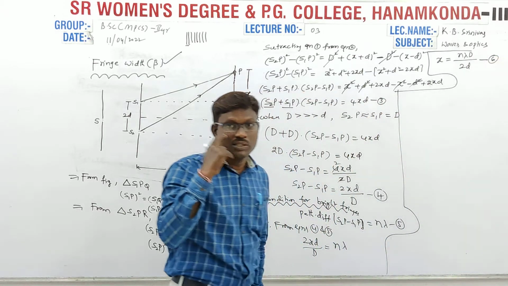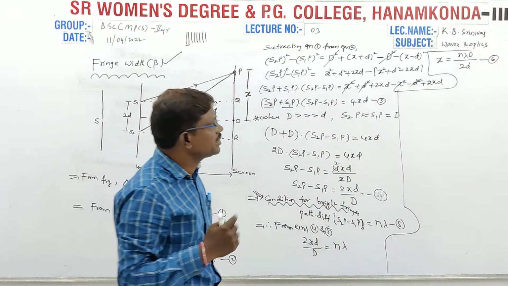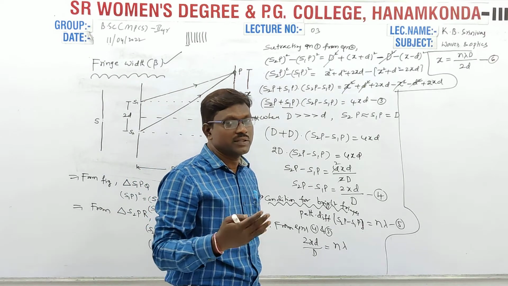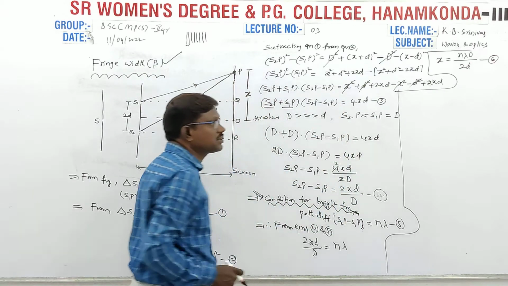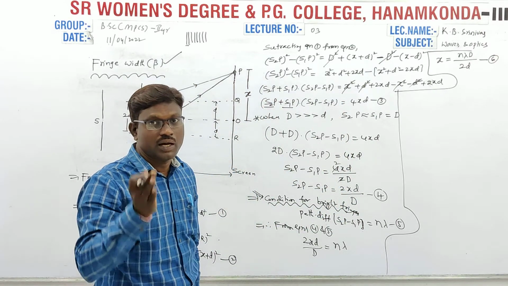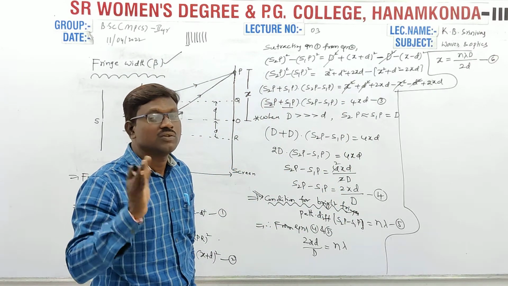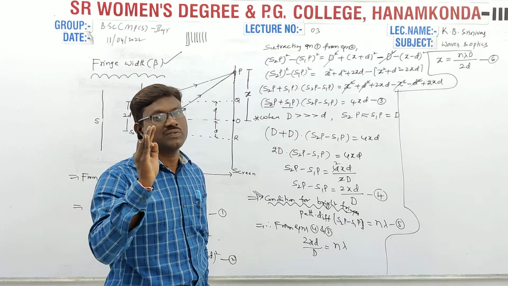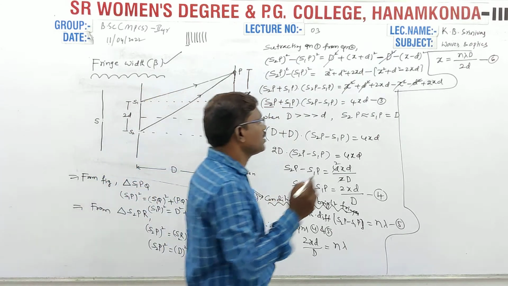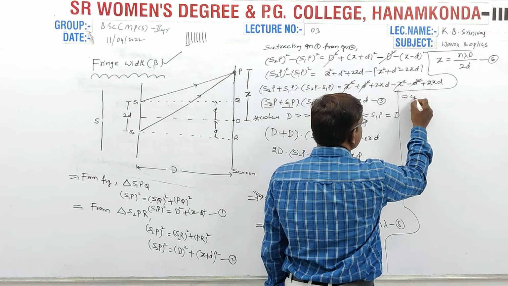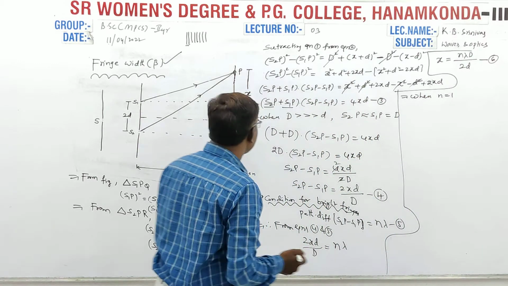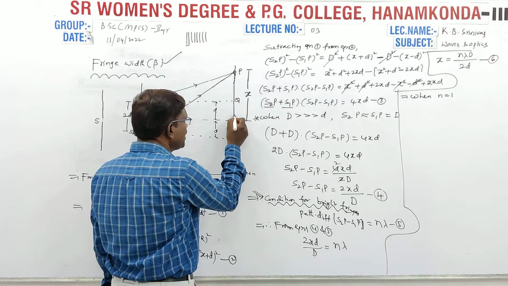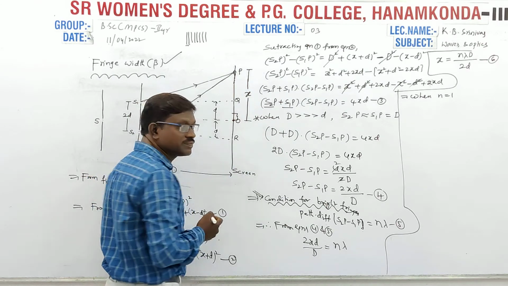Now let us give the numbers for this n. What is n? In this particular case, n represents the number of the bright fringe from the center of the screen, right? When n is equal to 1, it represents the first bright fringe from the center of the screen, this one.